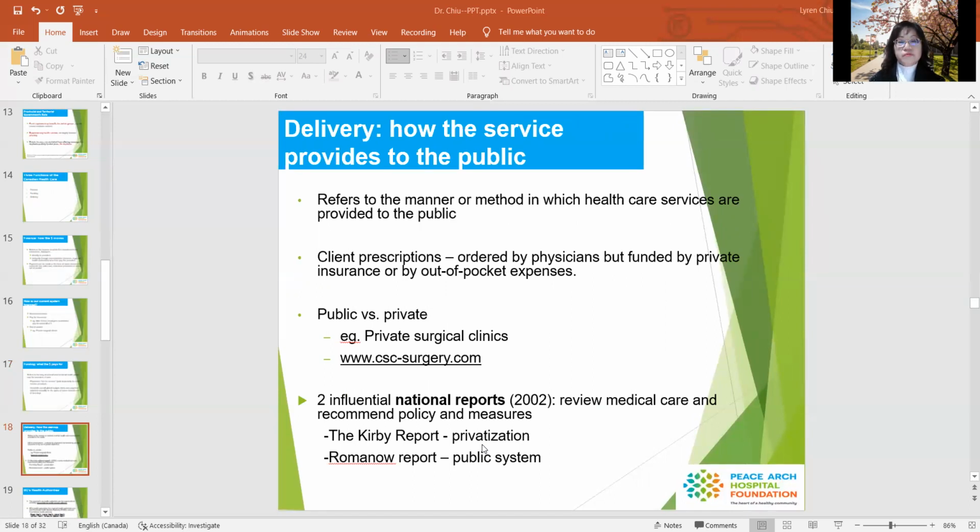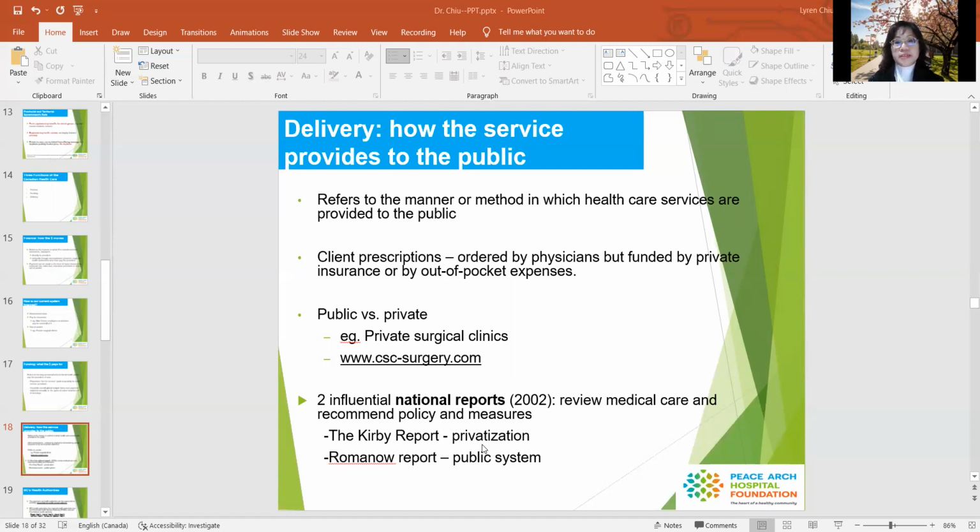Third, delivery. How the service is provided to the public. Delivery refers to the manner or methods in which healthcare services are provided to the public, including a prescription ordered by a physician but funded by private insurance or by the person's out-of-pocket expense.